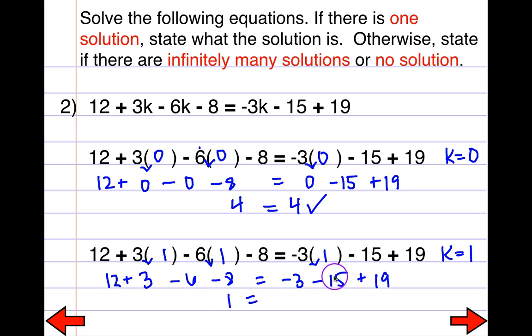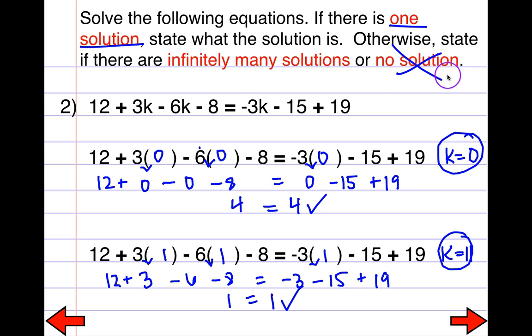Here, negative 3 minus 15 is negative 18, negative 18 plus 19 is 1. So notice we have k equals 0 working and k equals 1 that also works. So here is proof that there's more than one solution. Because there's more than one solution, there definitely cannot be no solution. So there are infinitely many solutions.